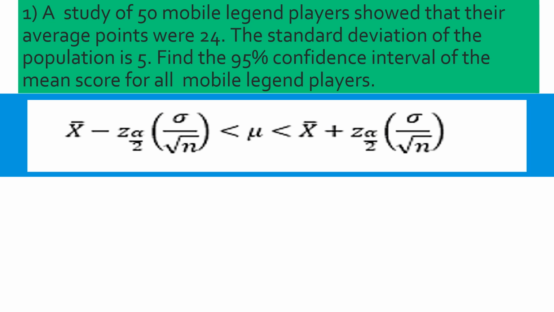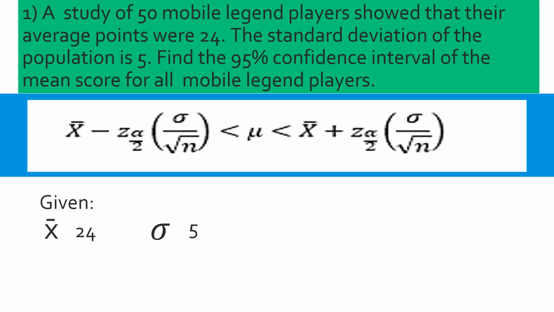And then the first thing to do is to list down all the given data. First, we have the sample mean. So the sample mean is equal to 24. So the keyword here, class, is the word average.